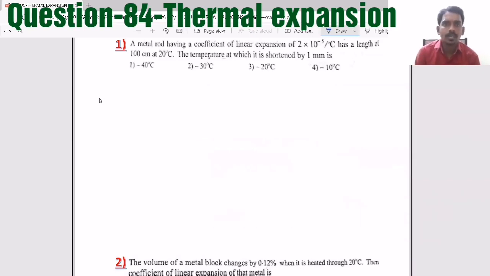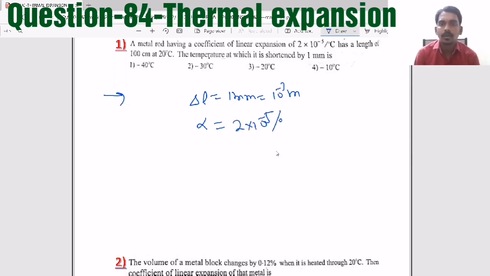Now the very first thing is, a metal rod having a coefficient of linear expansion of 2 into 10 power minus 5 has a length of 100 centimeter at 20 degrees Celsius. Find the temperature at which it is shortened by 1 millimeter. Shortened means delta L is 1 millimeter. You have to understand carefully. Coefficient of linear expansion alpha is 2 into 10 power minus 5 per degree Celsius, and initial length is 100 centimeter at temperature theta 1 equal to 20 degrees Celsius.